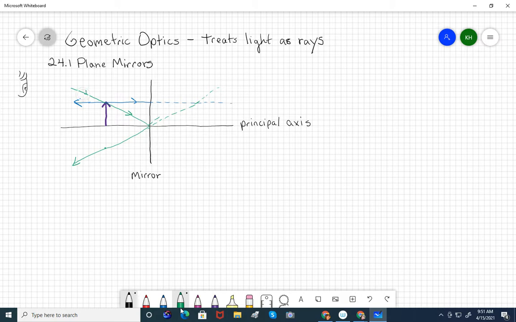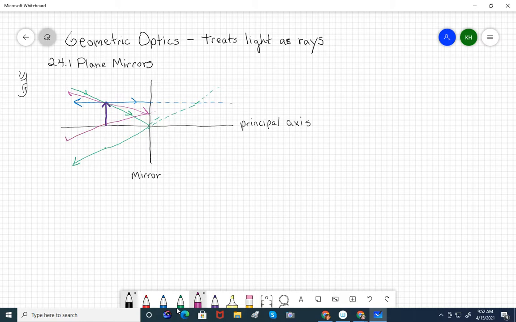It was coming in. We could draw another ray. What color have I not used? That's coming in a slightly different angle off that tip. It was something like right here. It would hit. It would reflect back here.